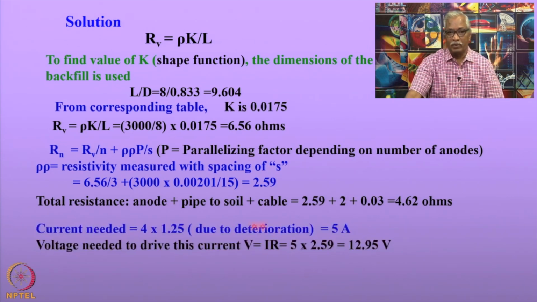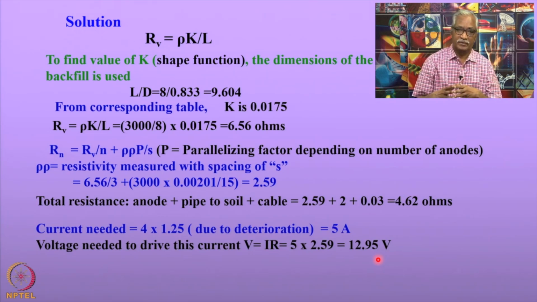The current required for cathodic protection, including the deterioration that happens over a time period, is about 5 amperes. So, we simply apply Ohm's law and we obtain the voltage required to pass 5 amperes of current, which turns out to be 12.95 volts. So, that is the capacity of the rectifier required to drive the current in the soil.